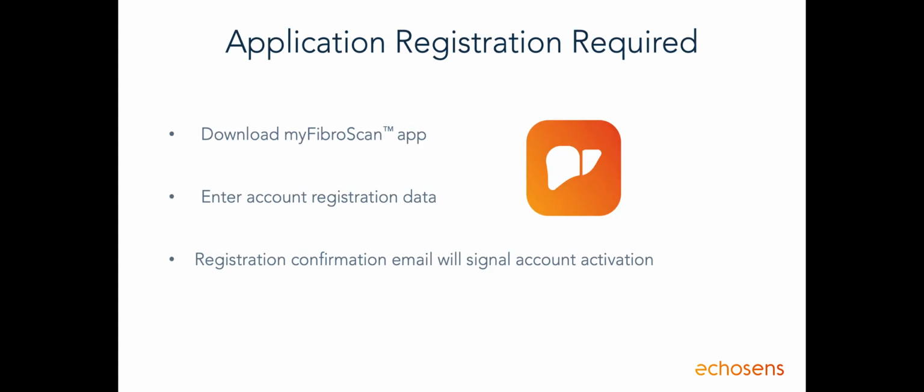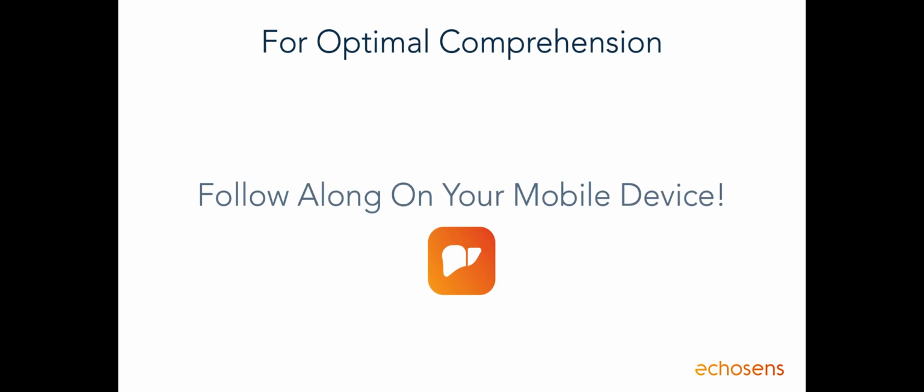Once you've downloaded the app, you'll enter your account registration information, and then you will receive a confirmation email signaling that your app is ready to use. It would be best if you would do all of this before continuing with my presentation, because it's best if you can follow along with my examples.